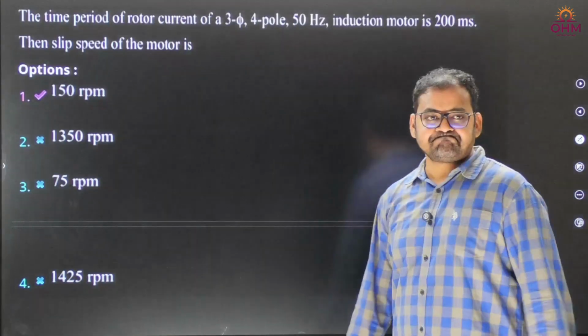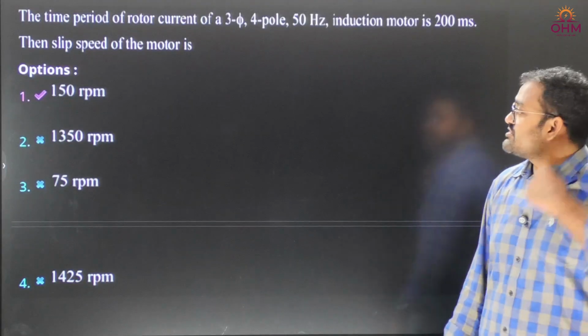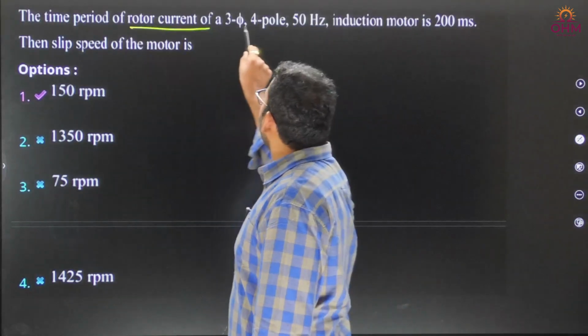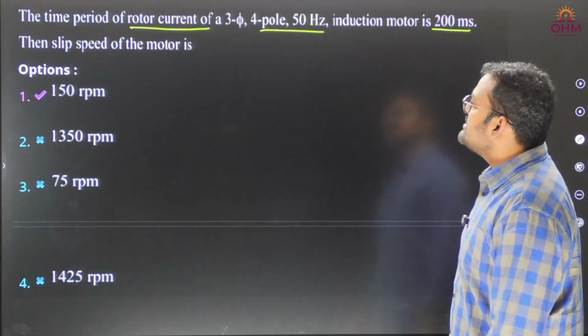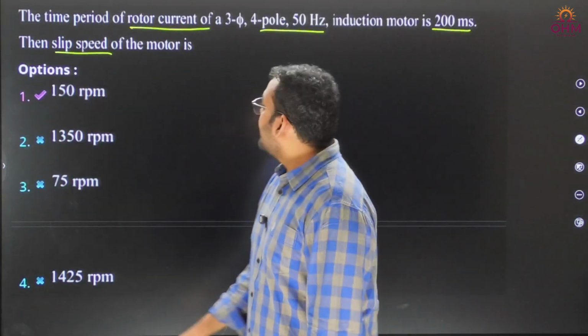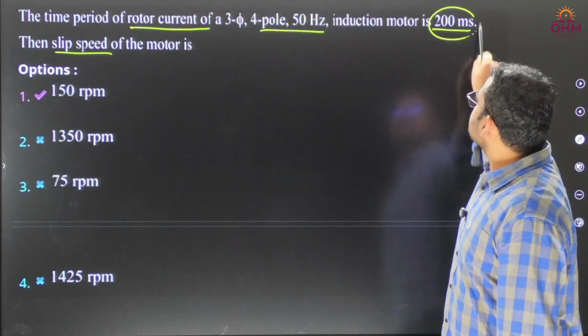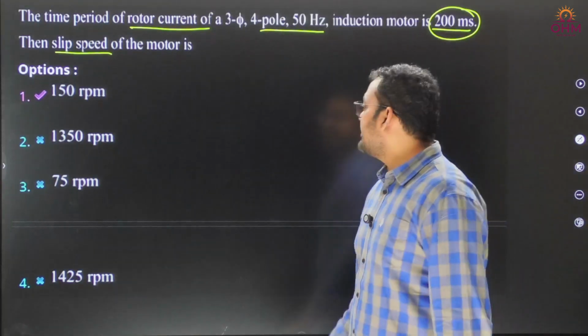Fine. Now next we have a question from induction motor, and it is an easy question. The time period of the rotor current of a 4-pole 50 Hz induction motor is 200 milliseconds. What is the slip speed of the motor is the question. See, rather than giving the rotor frequency directly, the time period was given. If the rotor time period is known, can we calculate the rotor frequency from that?